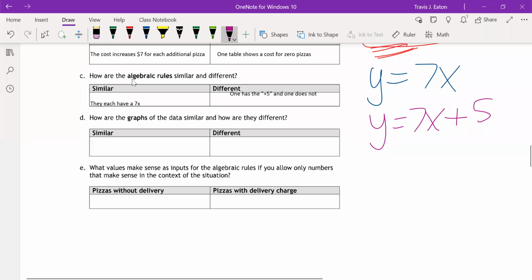So let's write in our answer here. Okay, so they are both linear. I love that word, linear, meaning they form a straight line.